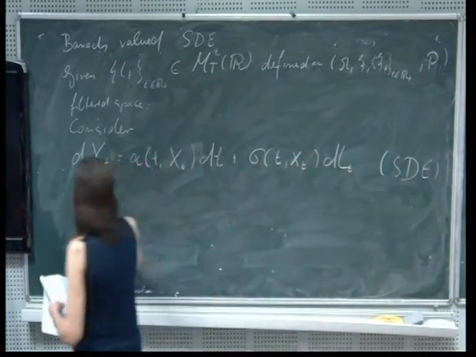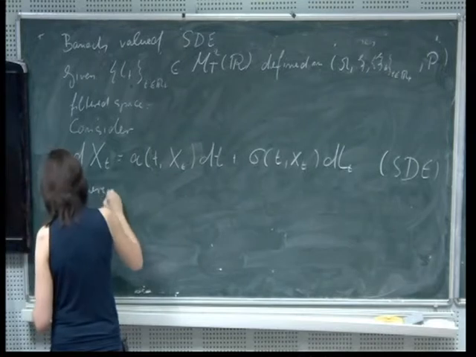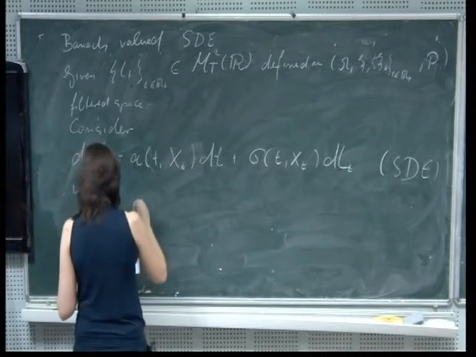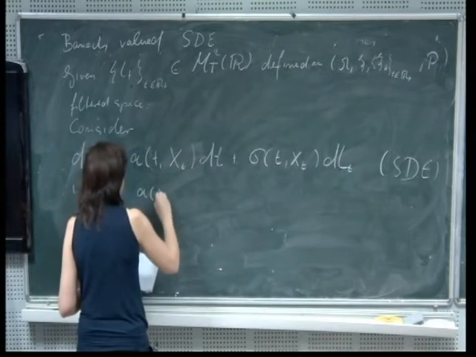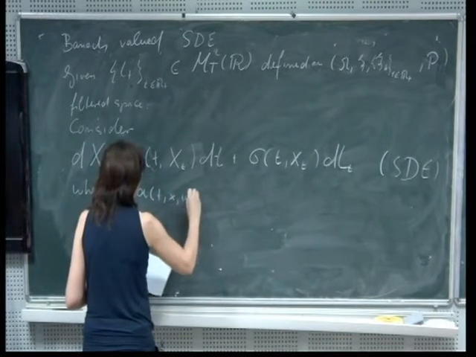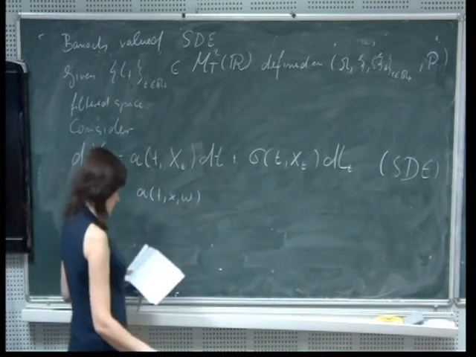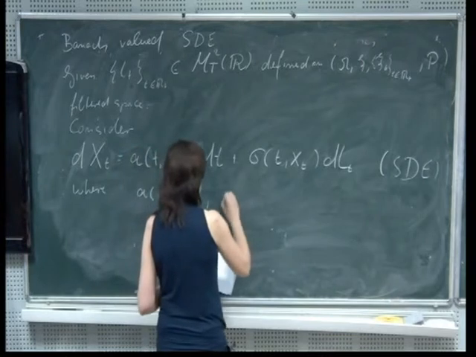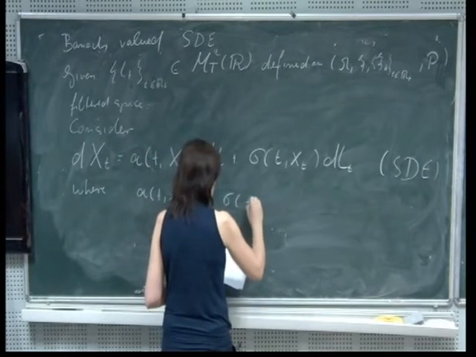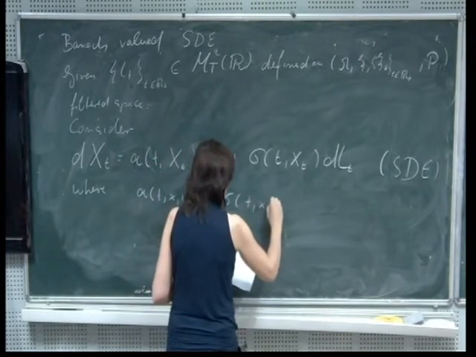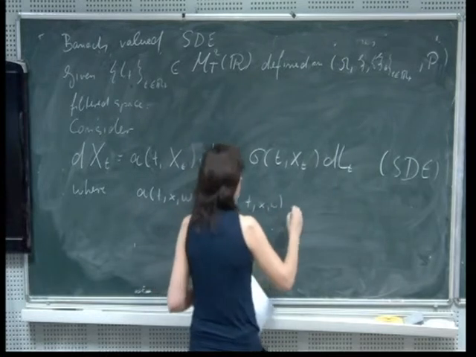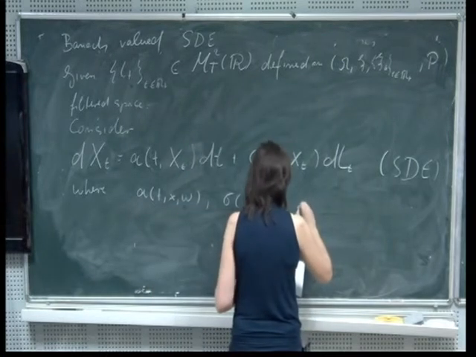And I take now the coefficients, which depend also on omega, the drift coefficient A and the noise coefficient sigma. They have to be progressively measurable.